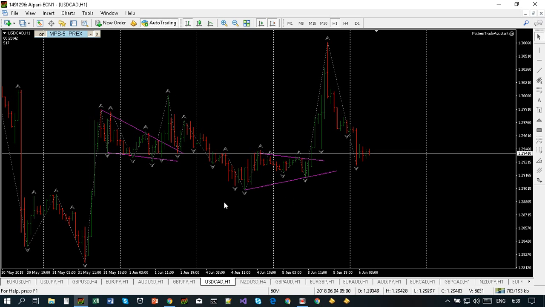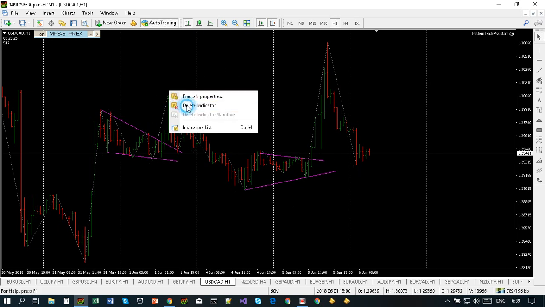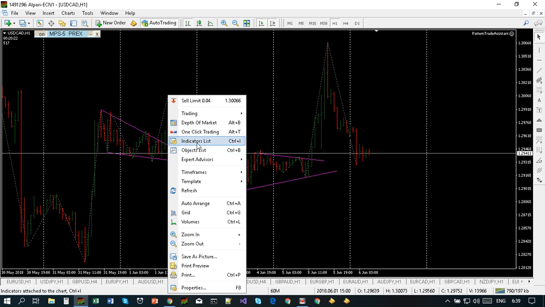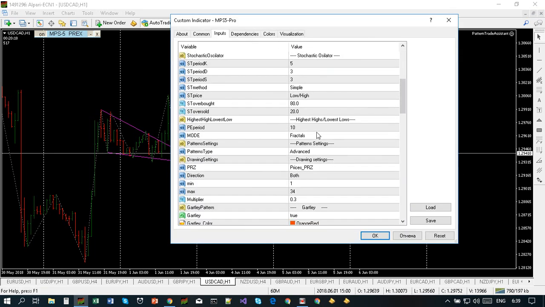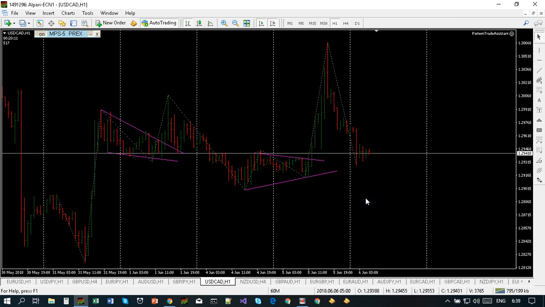They are not very good in identifying trends because they are spiking each other, making those false breakouts, but they are good in identifying these minor patterns for entries. Okay, this is the fractal. Now let's go and set everything back. High and low, my favorite one.